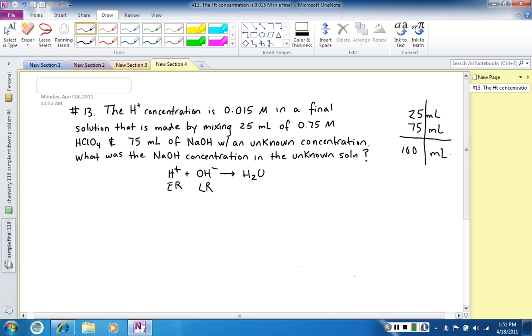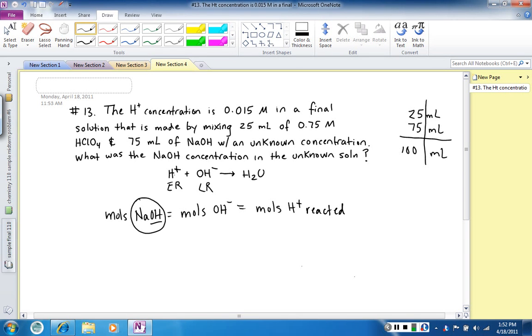So our moles of NaOH is going to equal our moles of OH minus. Why? Because we have one OH per molecule of NaOH. This is also going to equal the moles of H plus reacted. Now, why is this?